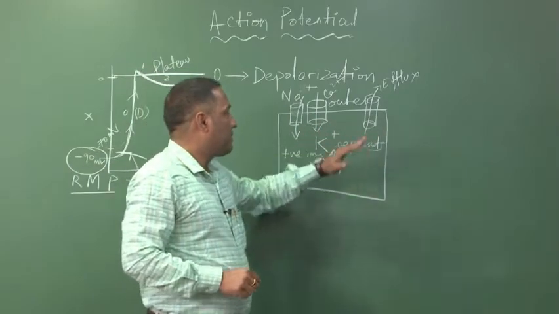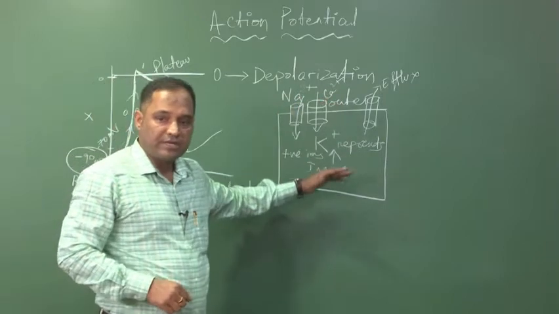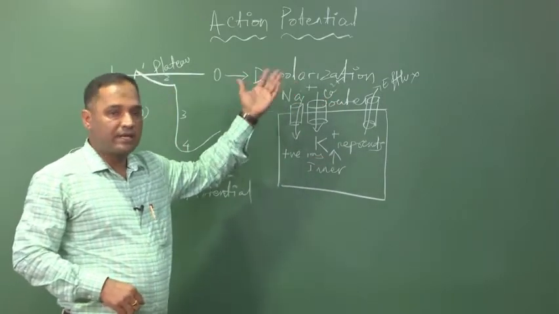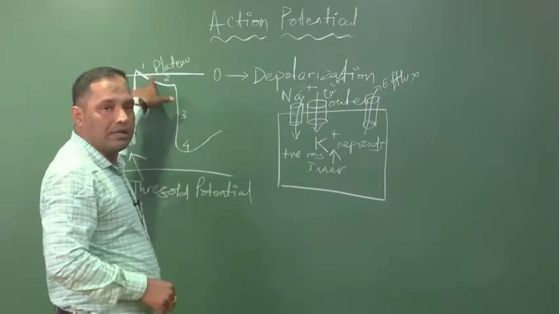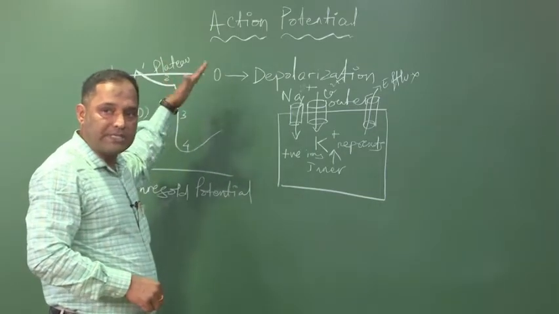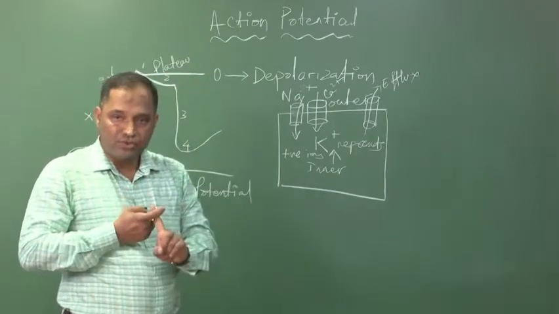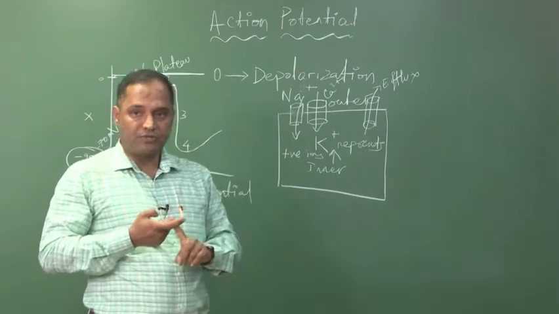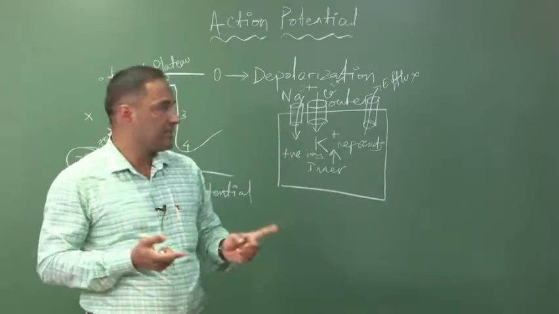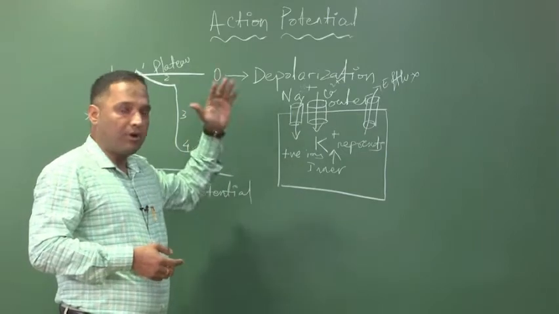So when potassium effluxes from the inner side to the outer side, then the plateau stage stops, the calcium channel closes, and potassium carries on.